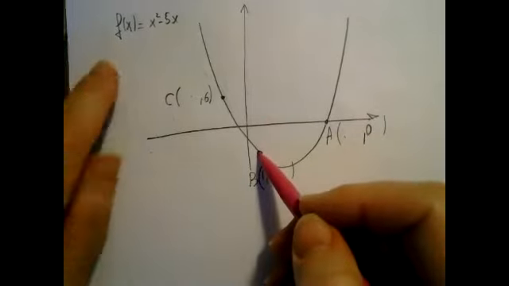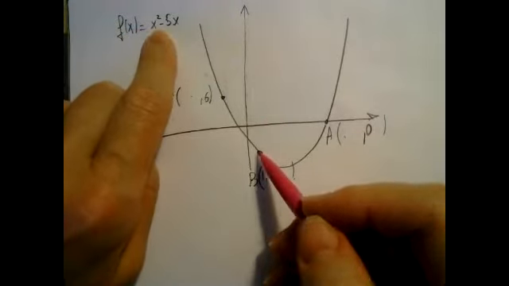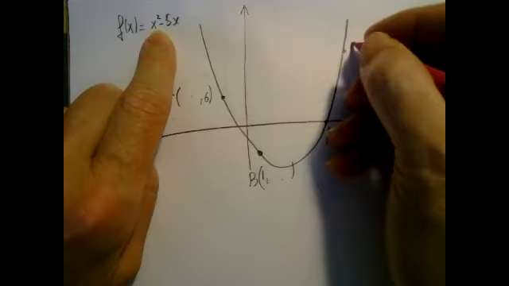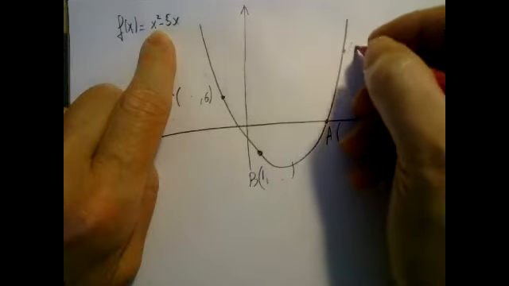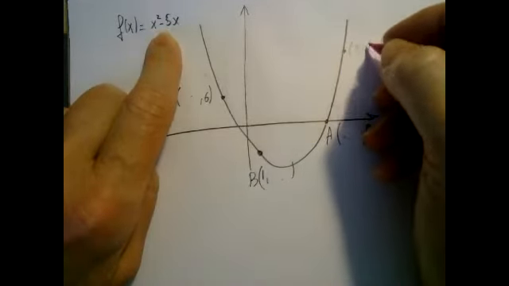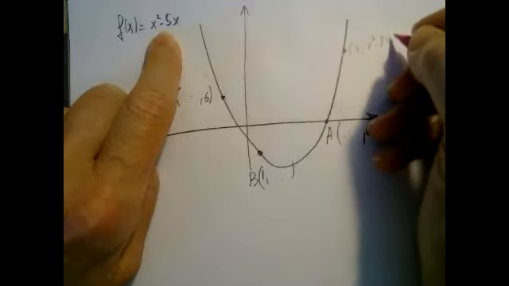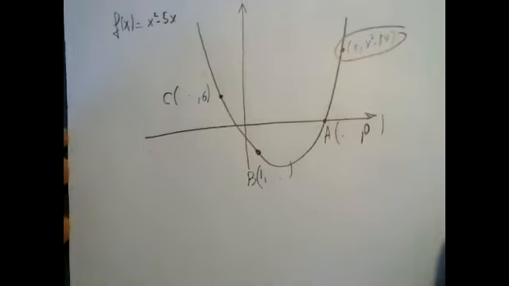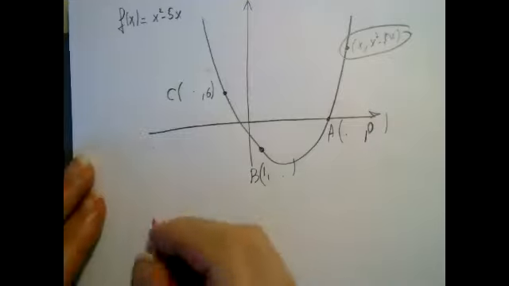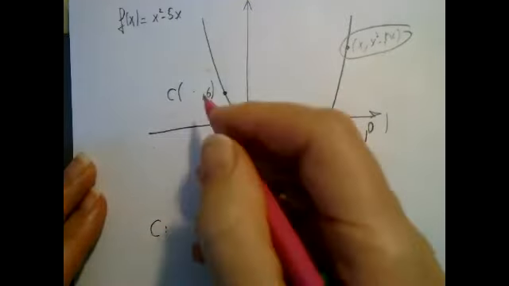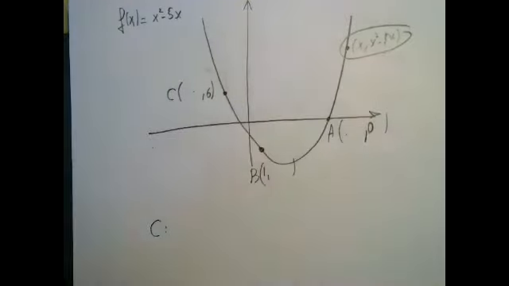This graph is given by this formula. It means every point on the graph, if this is x, this is x squared minus 5x. That's really what it means. All right, the point C. How can I find the missing coordinate?